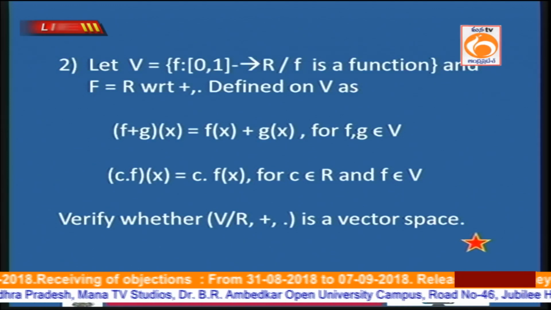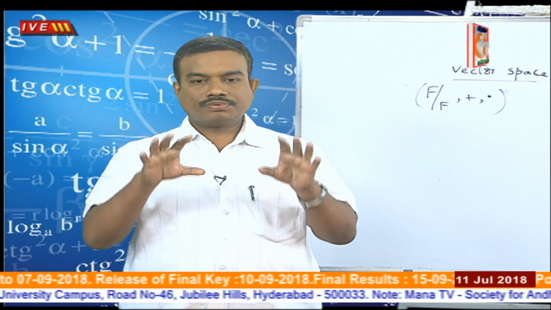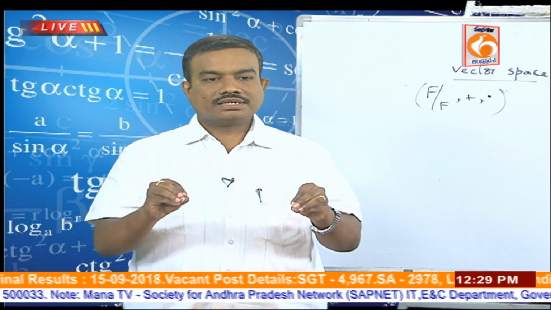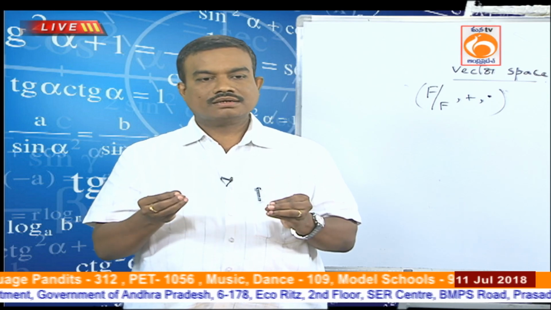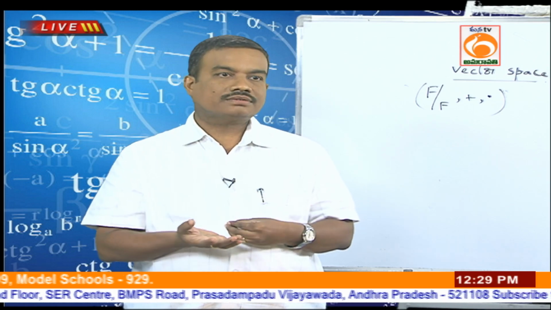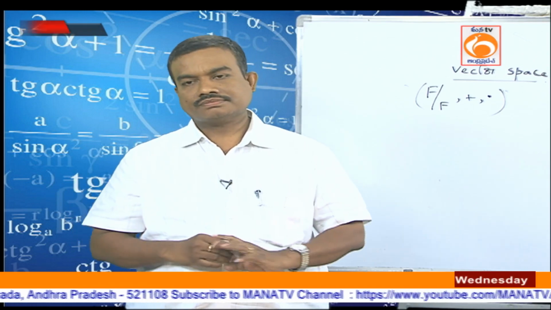Please understand, if you do these 2 problems, certainly you would know the procedure to show the given set over the given field is a vector space, and at the same time you would understand under what circumstances one of the axioms would fail, so that you can easily identify that it is not a vector space.